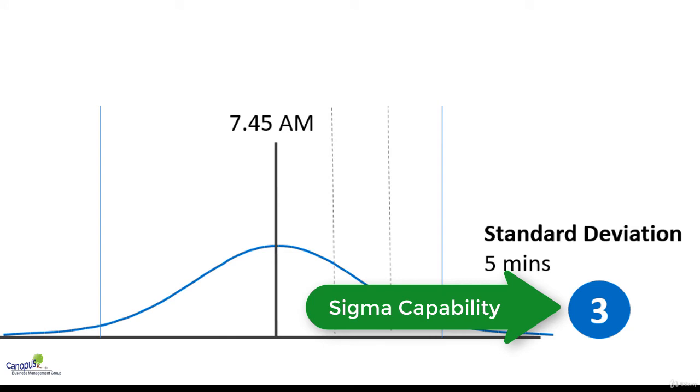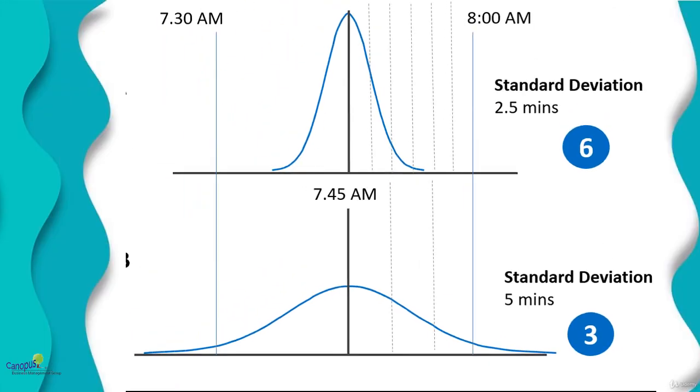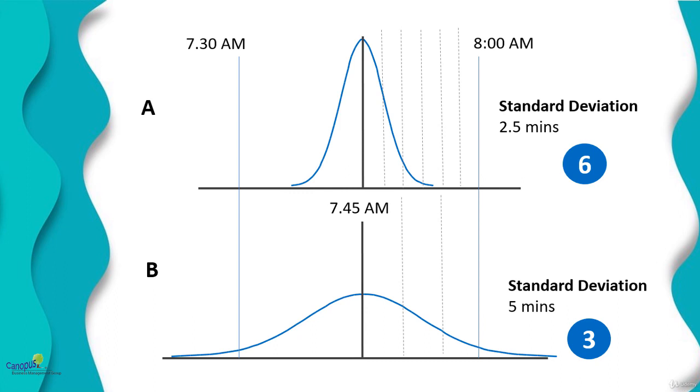Now it's very obvious that the 6 sigma process is more efficient than the 3 sigma process, just simply because in the case of a 6 sigma process, the chances of the train arriving beyond 8 o'clock or before 7:30 is very remote. It's not likely to happen.